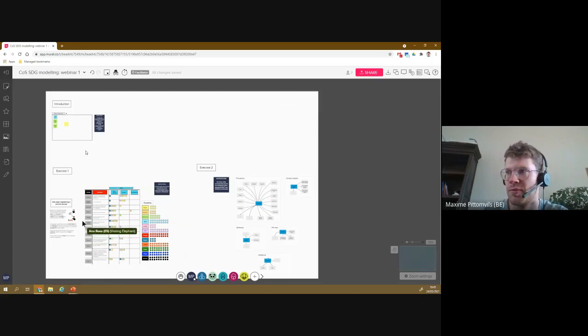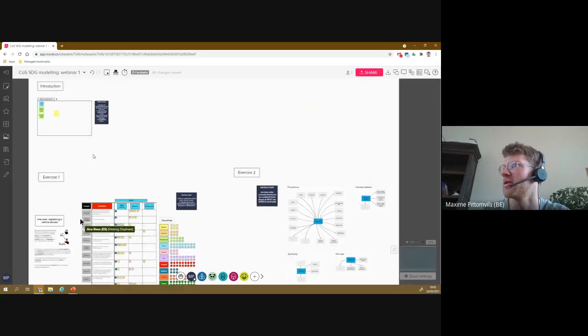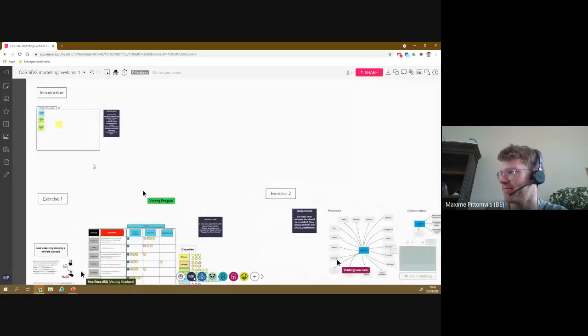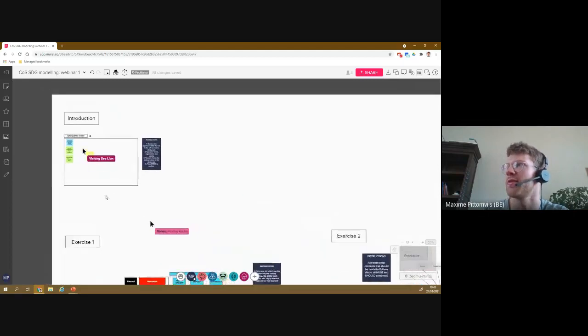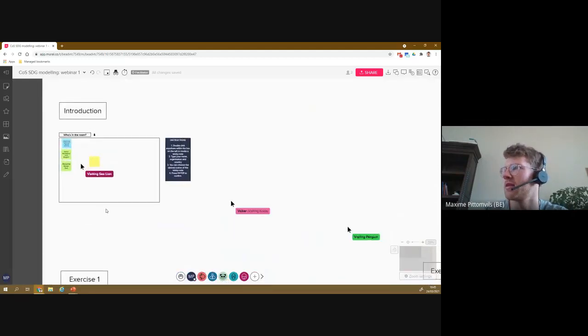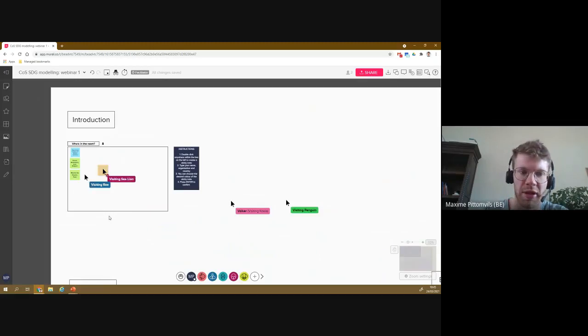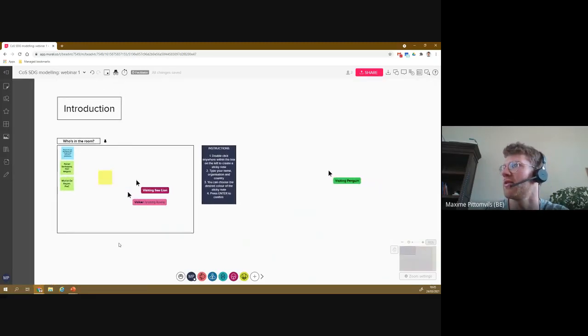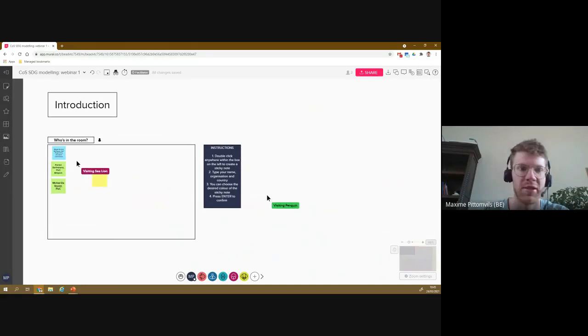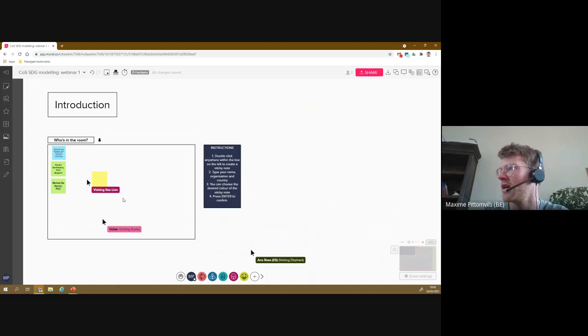First important thing is to zoom in and zoom out. You can just use the scroller of your mouse. This way we can all zoom into the introduction part. If any of you have an issue with that, let us know and we'll help you.